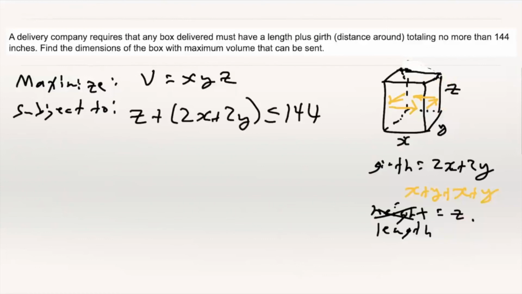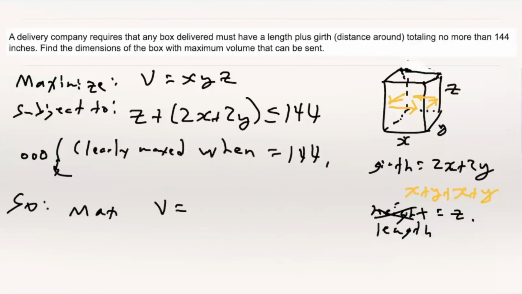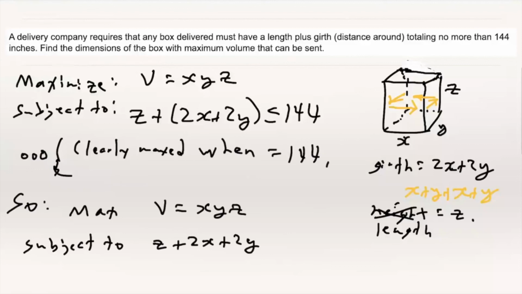Okay, well, it is going to clearly be maxed when it's exactly equal to 144. So we want to maximize V as xyz, subject to z plus 2x plus 2y is equal to 144. Okay, so now let's begin.